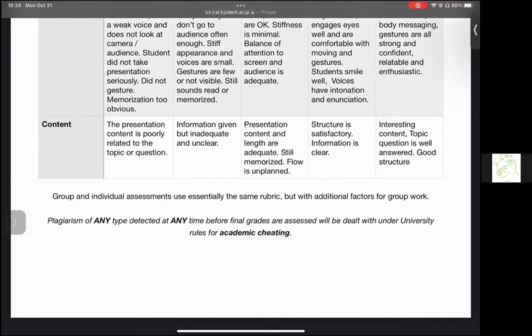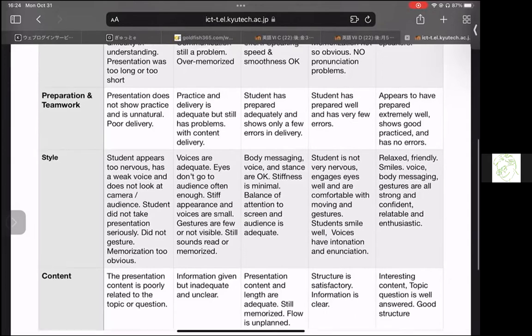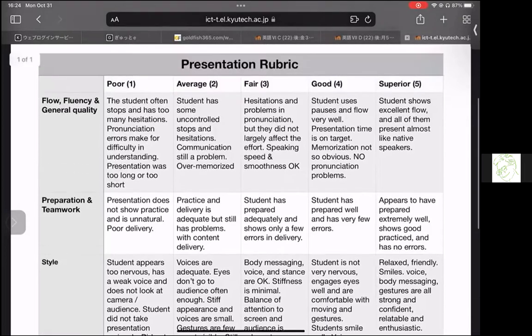It's only 25% of your total grade. The other 75%, look at that, style, has got nothing to do with English. Your preparation, teamwork is a mistake, I'm going to change that tonight. Your preparation, so how much you did to get ready, and your general quality for the presentation.